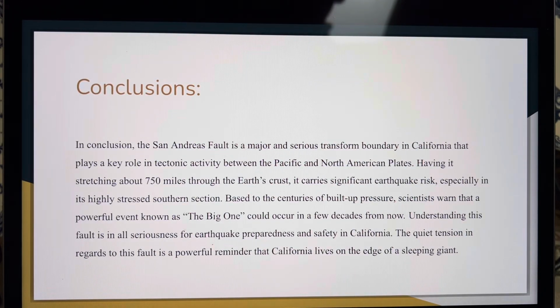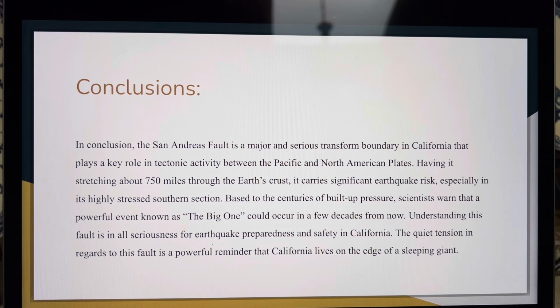In conclusion, the San Andreas Fault is a major and serious transform boundary in California that plays a key role in tectonic activity between the Pacific and North American plates. Stretching about 750 miles through the Earth's crust, it carries significant earthquake risk, especially in its highly stressed southern section.